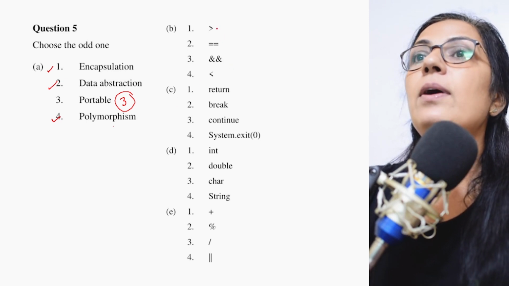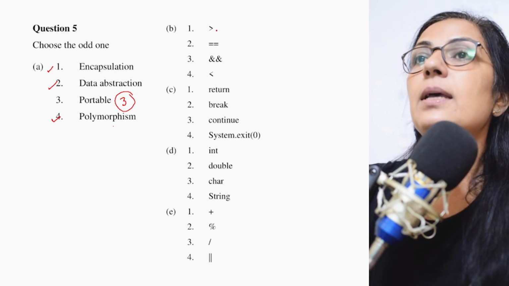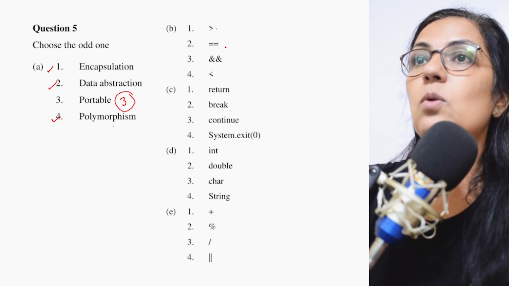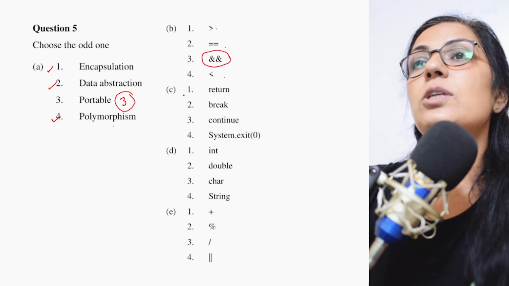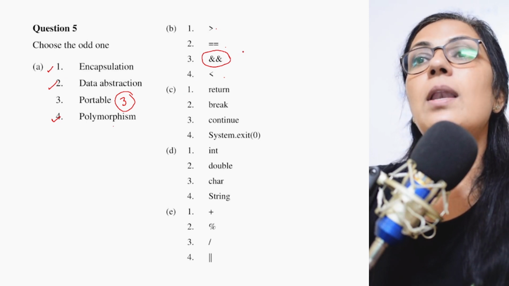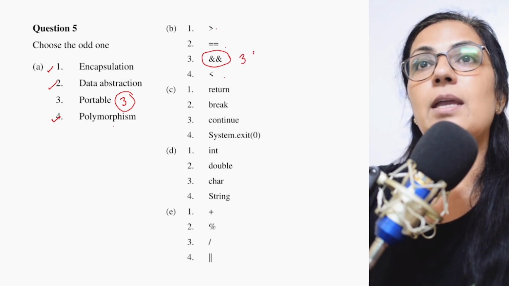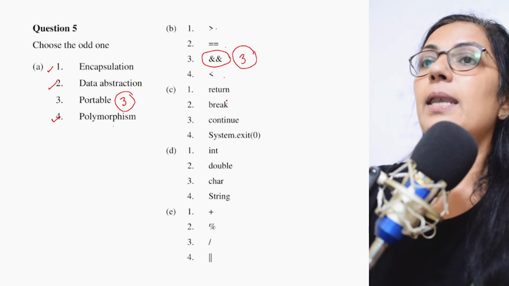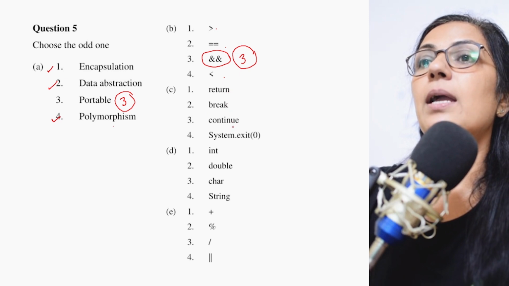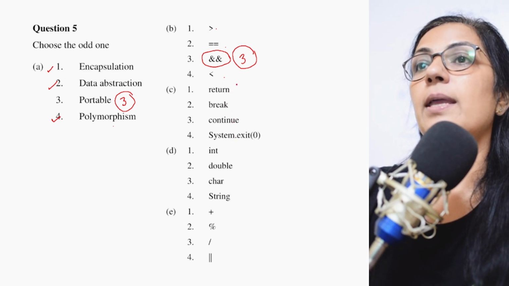Then you have the operators greater than, equals to, less than. Only this is the logical operator. Rest all are relational operator. Here also answer 3 is the correct answer. Next you have return, break, continue and system.exit.